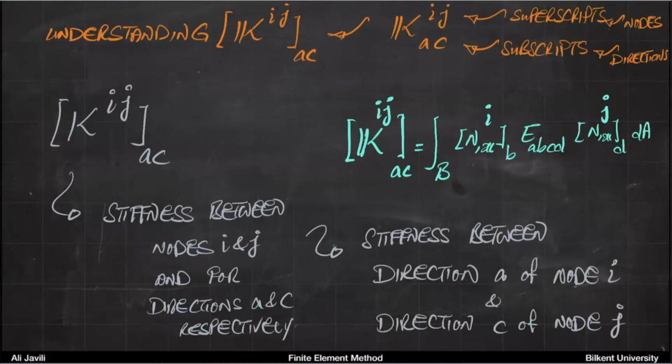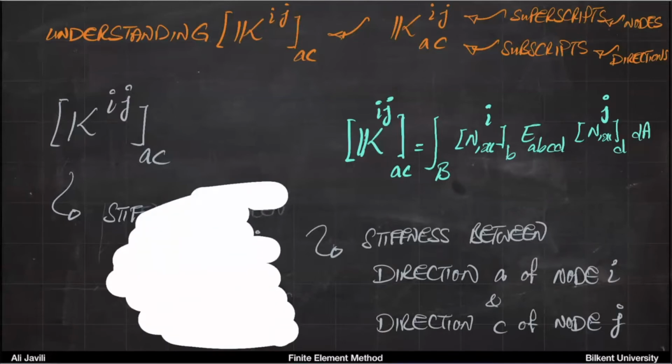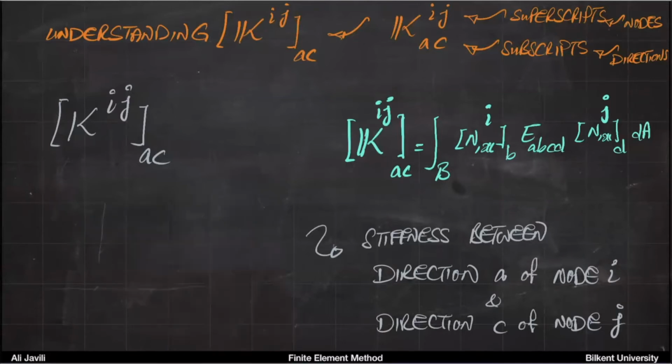Okay, so from that perspective, again, if you want to also connect it to the concept of force, it's the same thing. You want to know how much the force of node I at direction A is changing if you move the direction C of displacement of node J. Okay, so basically this is again.